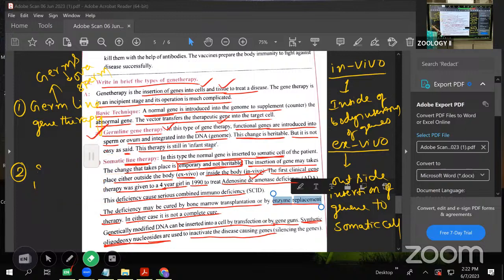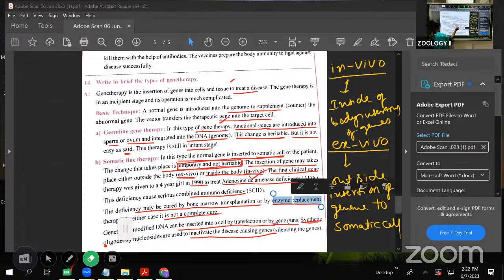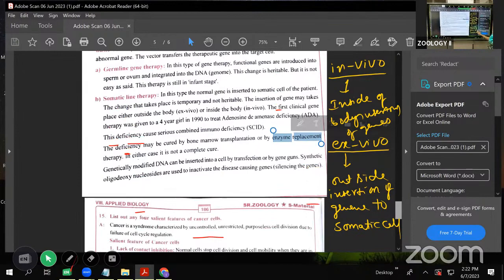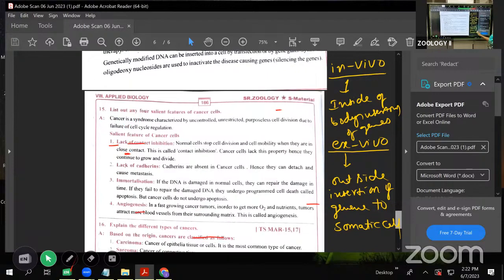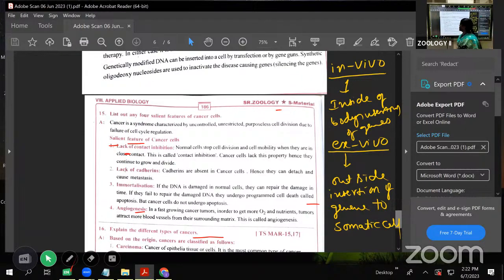We are going to the next SAQ. Next, the salient features of the cancer cell.